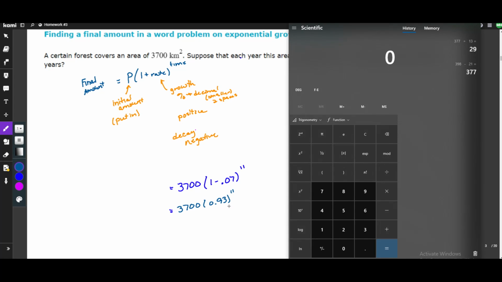Then I want to put this in exactly like I see it, but I'm going to do the order of operations myself, just to make sure that it's going correctly. It's always parentheses first, which is why I got the 0.93. So 0.93 to the exponent button, which is x to the y in this case, or it could be an upside down caret. So to the 11th, and then I'm going to hit equals, and then I'm going to multiply it times my 3,700.